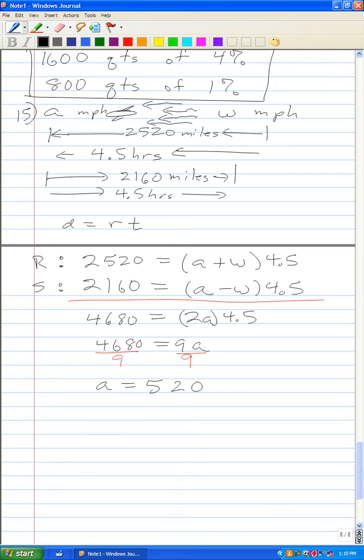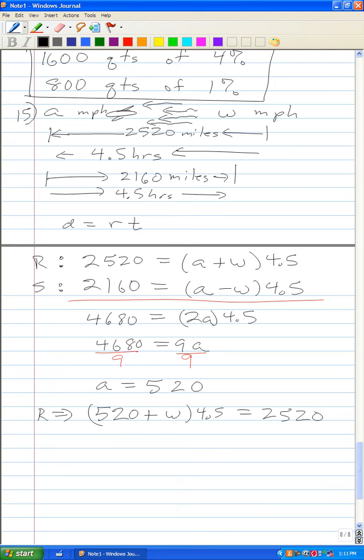And let's figure out from there what the speed of the wind is. So I guess I'll do a plus w times 4.5 equals 2,520.